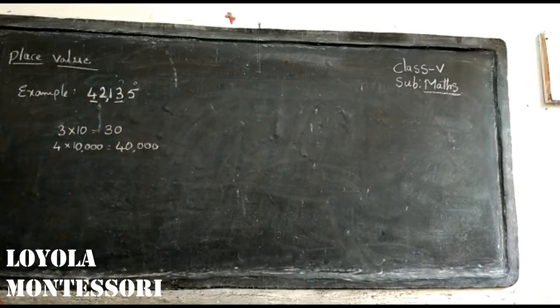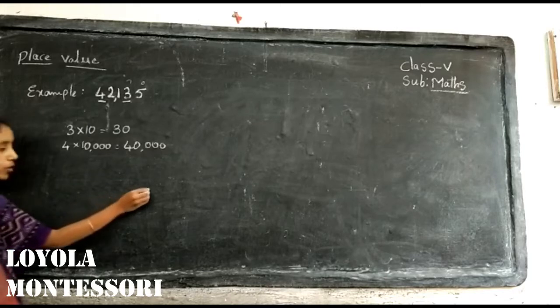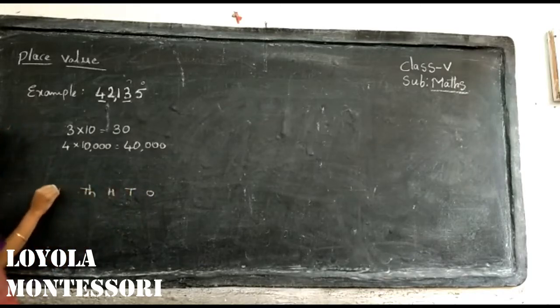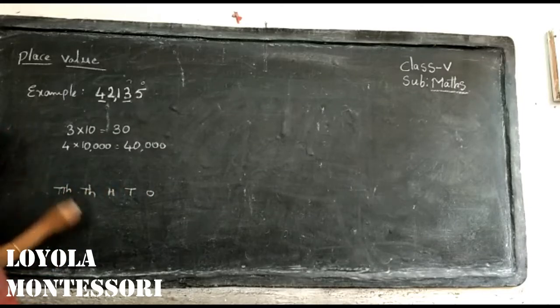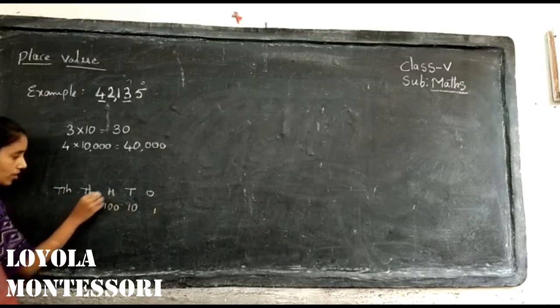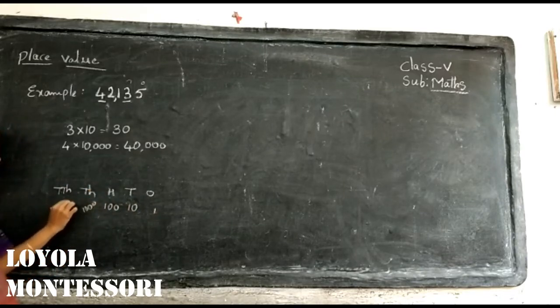You can remember one thing: the place value of a digit always increases by 10 times as we move from right to left. See, we know the place values: ones, tens, hundreds, thousands and 10,000s. So the values are 1, 10, 100, 1000 and 10,000.